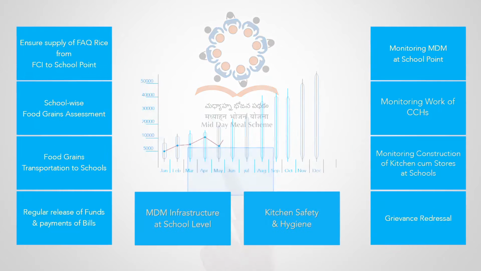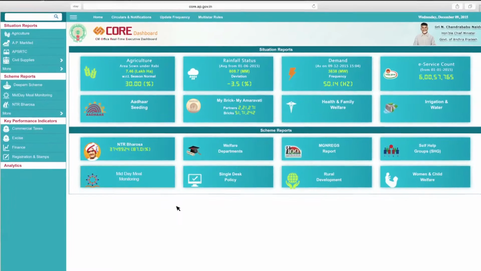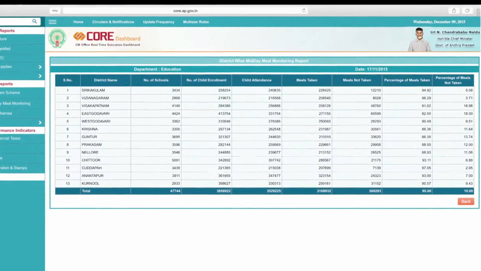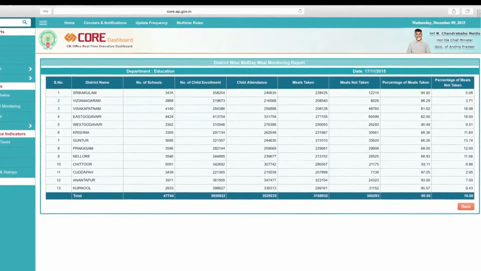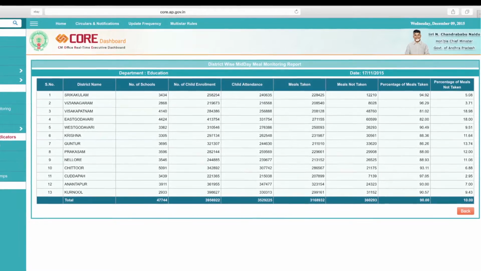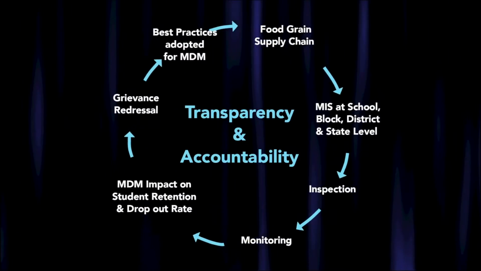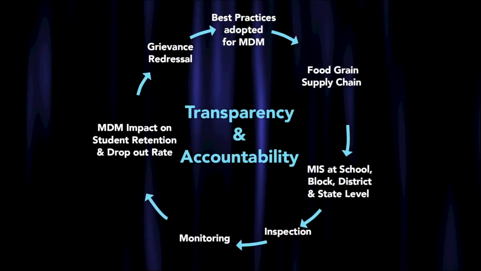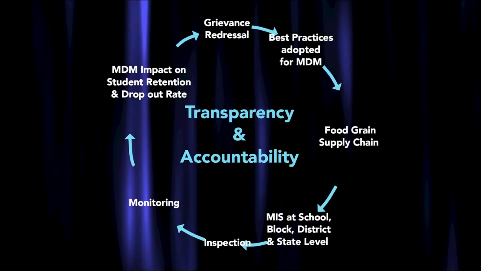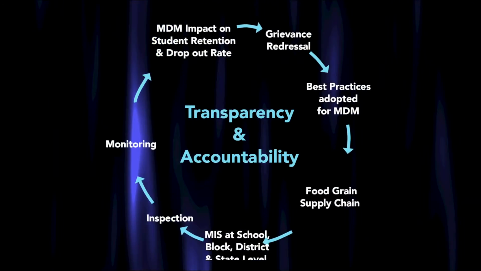The objective of monitoring the MDM program is to ensure putting in place effective systems for delivery of midday meal and to ensure transparency and accountability at all levels in the program implementation.